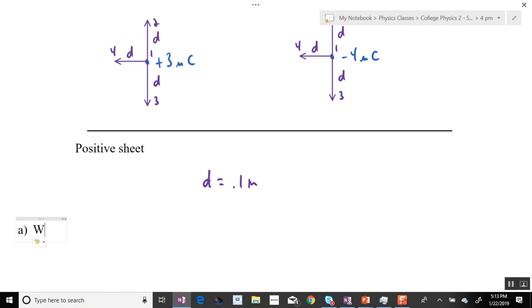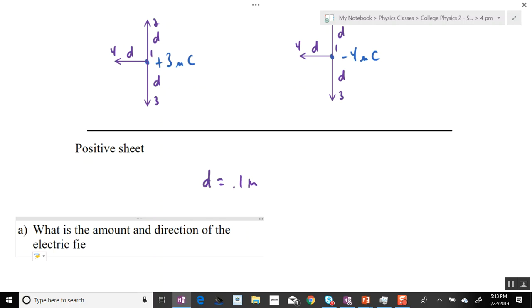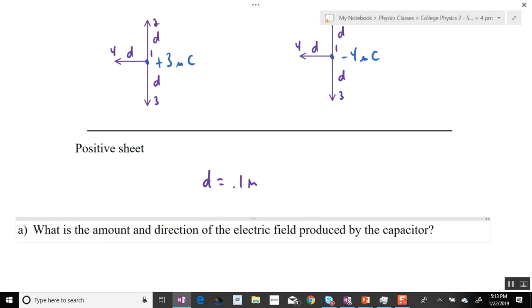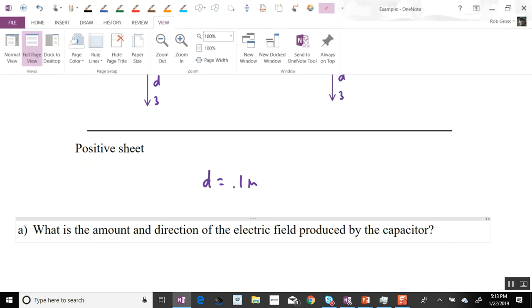So for instance, the question is, what is the amount and direction of the electric field produced by the capacitor? Because we need to figure this out to answer anything else related to the problem, but this is on test 1, right? The electric field of a capacitor. So does anyone know how to find the electric field of a capacitor?